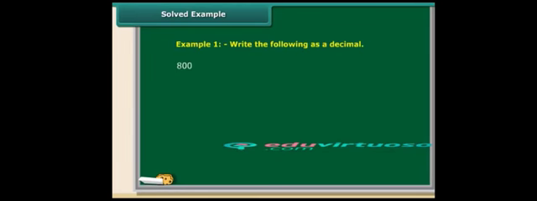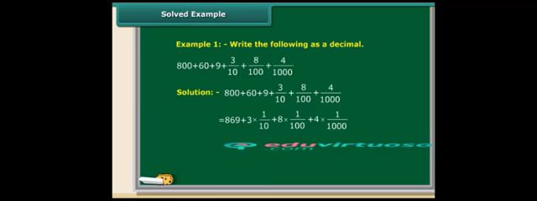Write 800 plus 60 plus 9 plus 3 tenths plus 8 hundredths plus 4 thousandths as a decimal. 800 plus 60 plus 9 is 869. 3/10 plus 8/100 plus 4/1000 is 0.3 plus 0.08 plus 0.004, which adds up to 0.384. So the answer is 869.384.